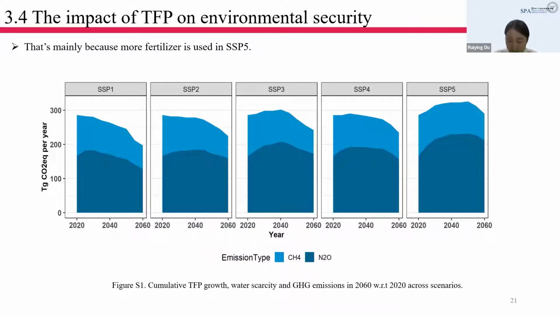And thanks for the suggestion. I think the carbon sink induced by land use change is also very important, and we should consider it in the next step. Yeah, thank you.